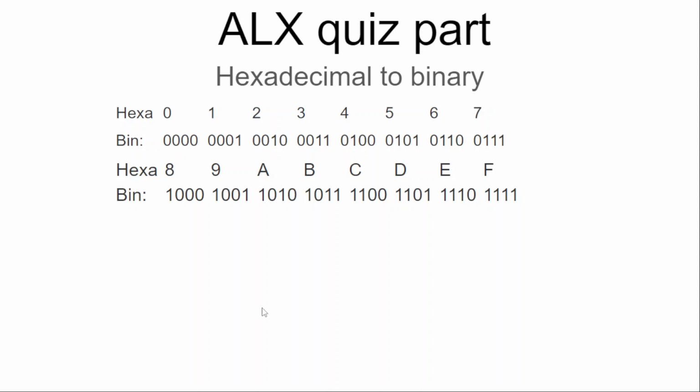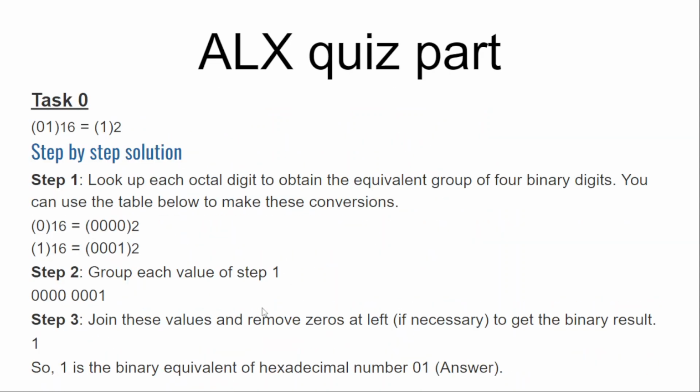Then group each value of step 1. Once grouped, this value in binary means 1.